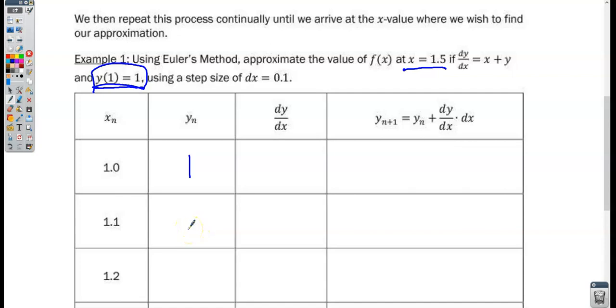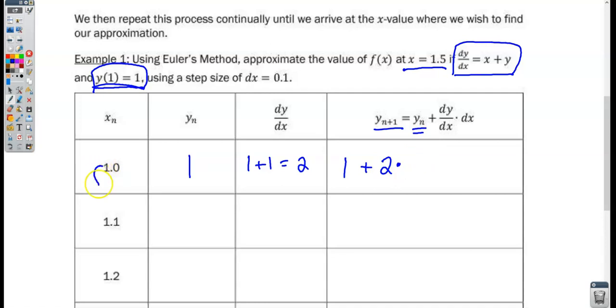So let's show you how this works. x and y, both 1. dy/dx is equal to x plus y, so 1 plus 1 equals 2. That's my value of dy/dx. So my new y is going to be my old y, which is 1, plus the value of dy/dx times the value of dx, which is the change to go from one x value to the next.